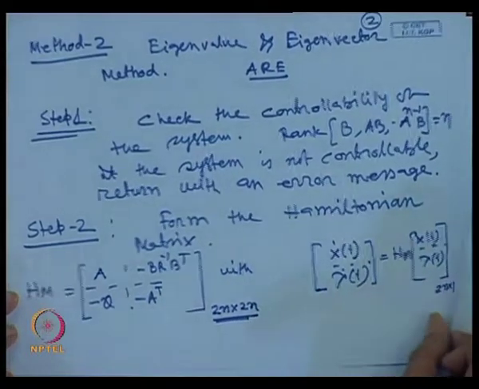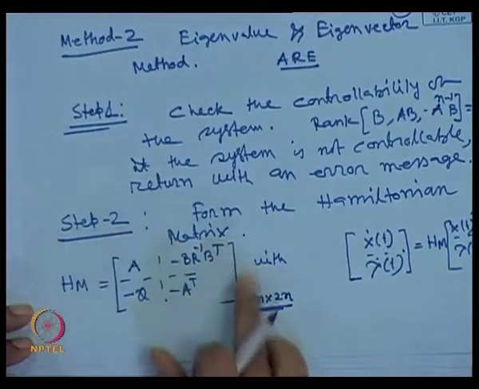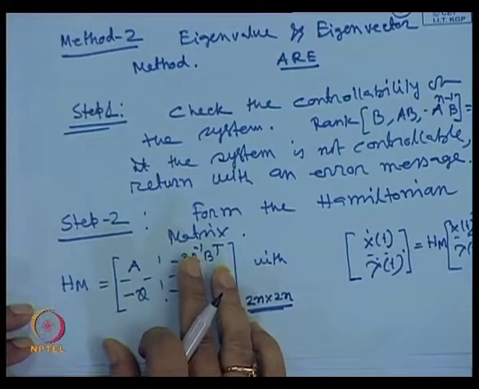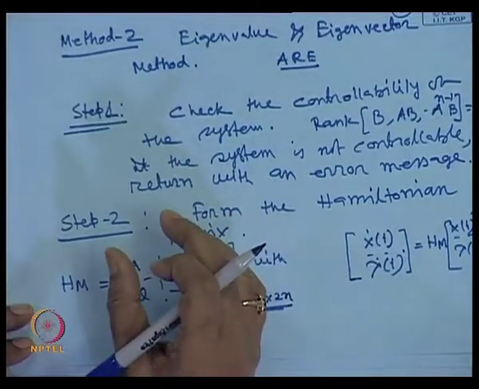So, this matrix, how many eigenvalues are there? There are 2n eigenvalues. We have shown analytically that this matrix has n eigenvalues in the left half of the S-plane, or you can say n eigenvalues with negative real parts, and the remaining n eigenvalues in the right half with positive real parts.